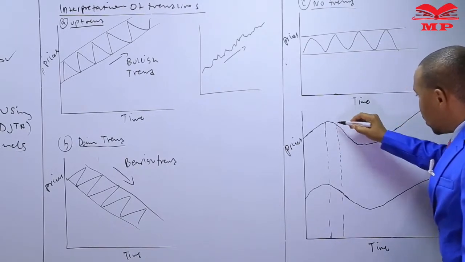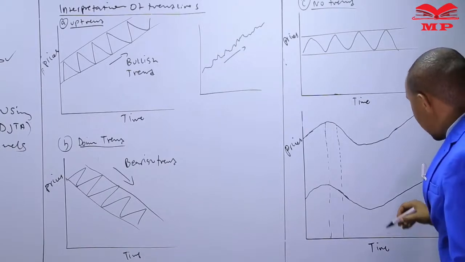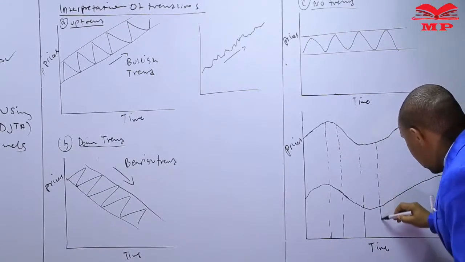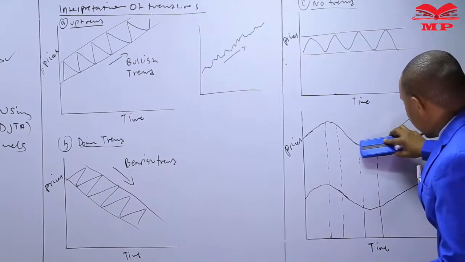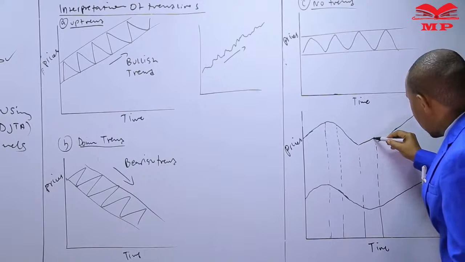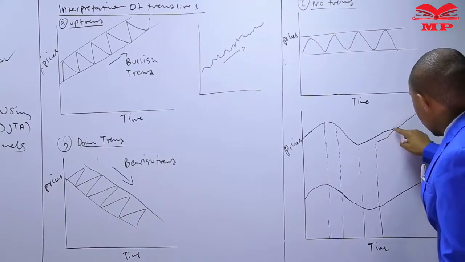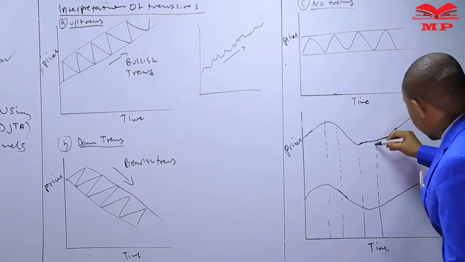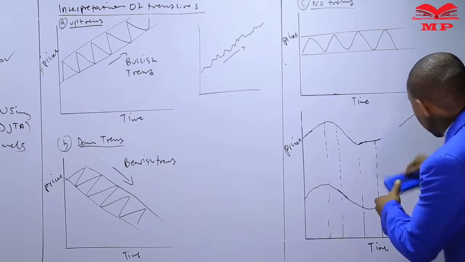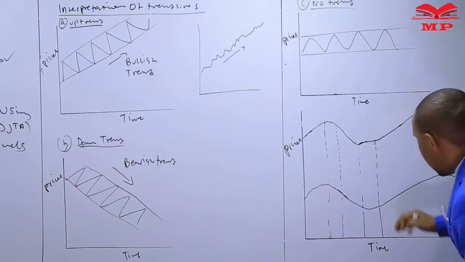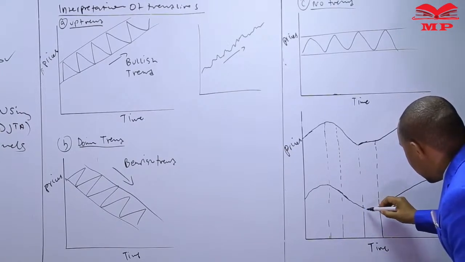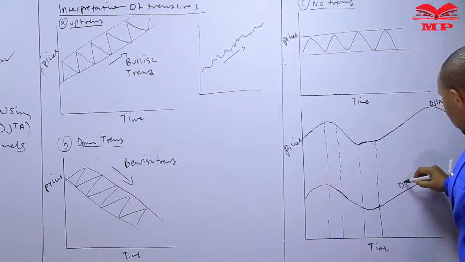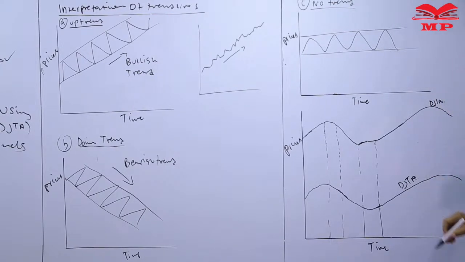So this should indicate a sell signal, and here I'll draw somewhere like this, like that. Yes, this is the Dow Jones Transportation Average there.